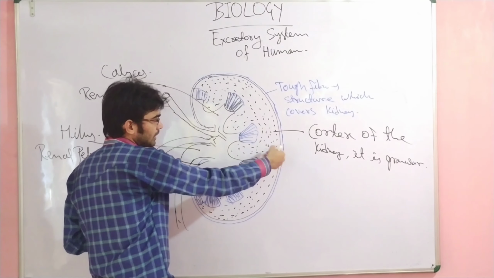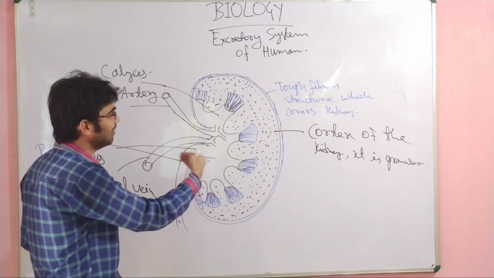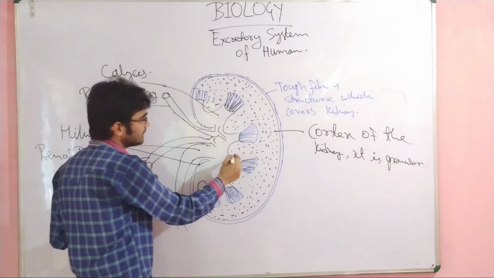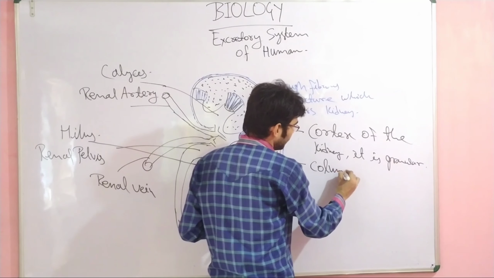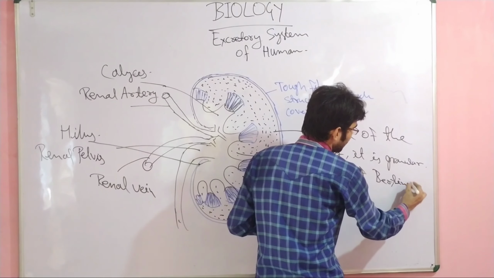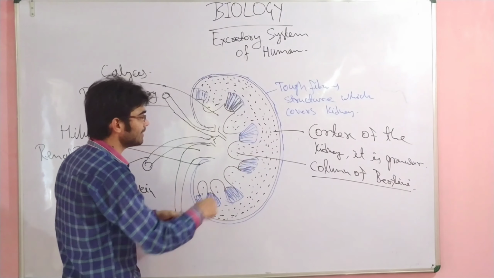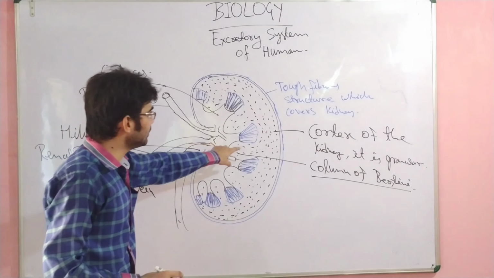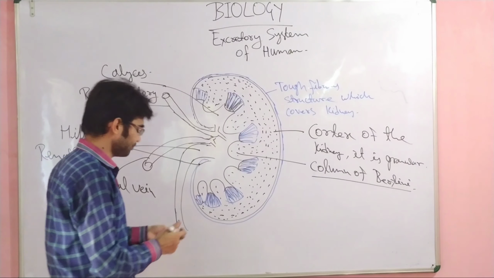The cortex region has invaginations towards the pelvis region. This invaginated structure is called the column of Bertini. Remember this, it extends towards the pelvis region.